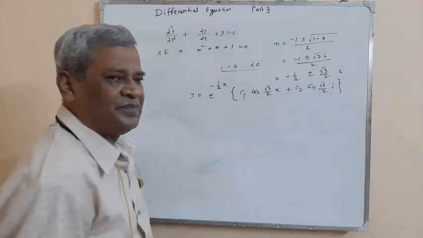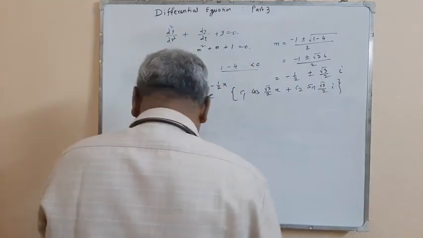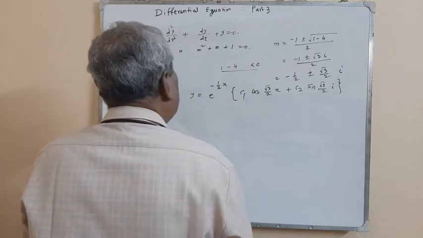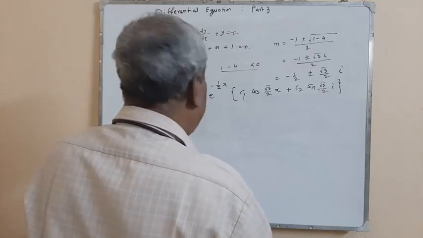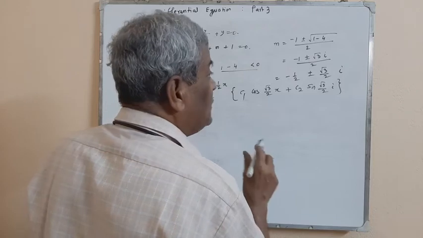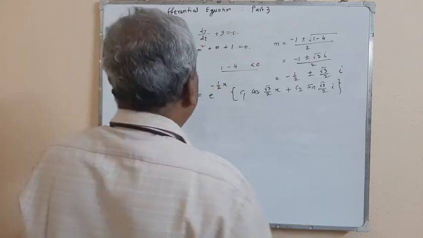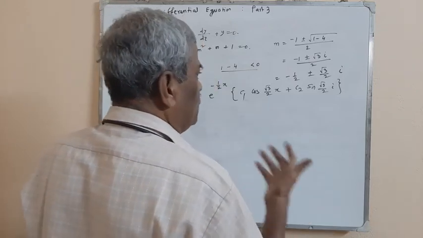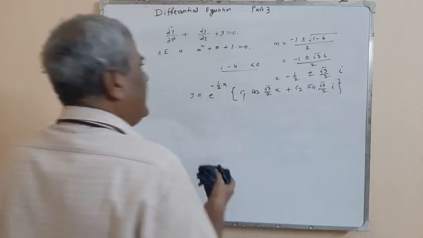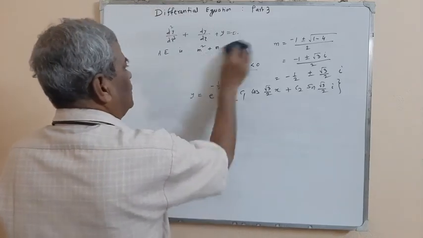And that is the answer. This type of problem is very methodical, and very easily you can do it. You only need to know the process, and it requires some practice also.